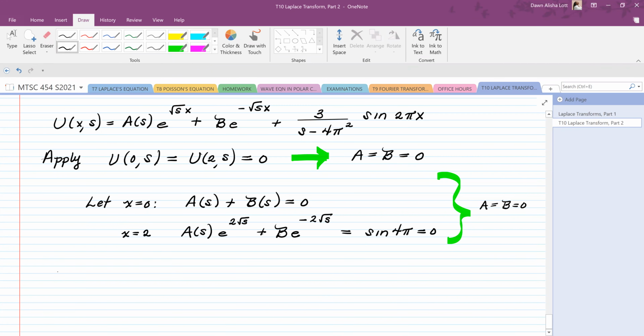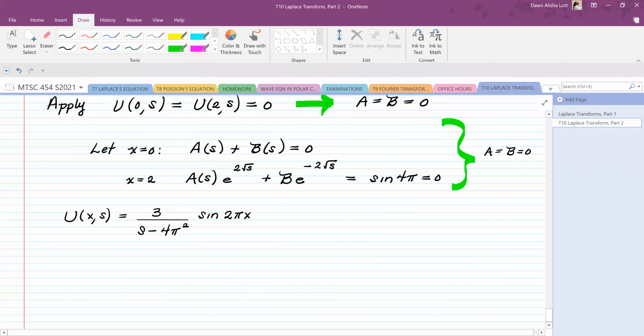Okay, so therefore u of x and s turns out to be 3 divided by s minus 4 pi squared times the sine of 2 pi x. And let's take the Laplace inverse transform of that.